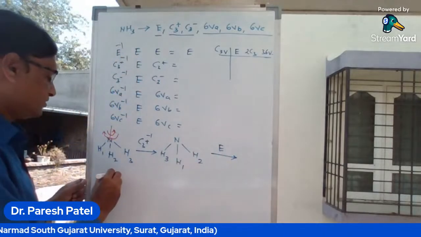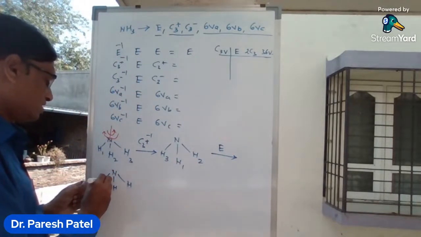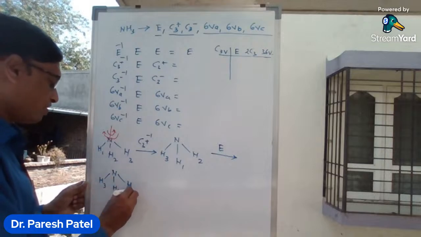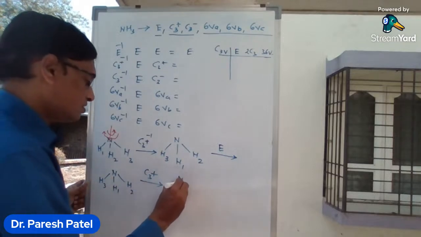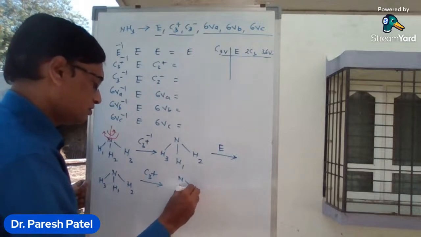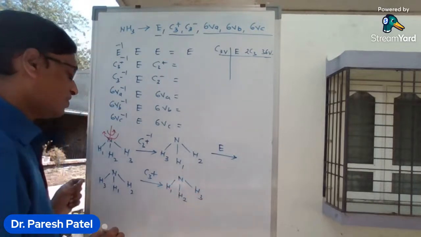Then identity, the answer will be the same as 3, 1, 2, and again C3 plus gives the original molecule.